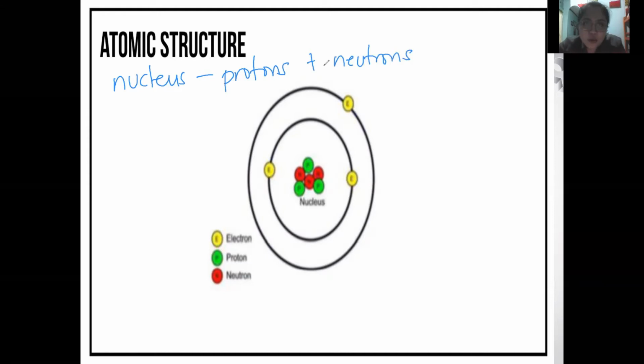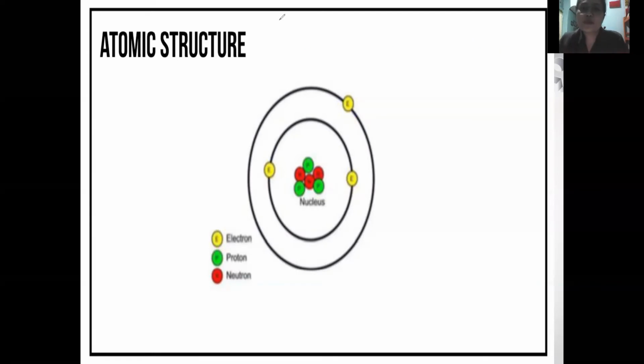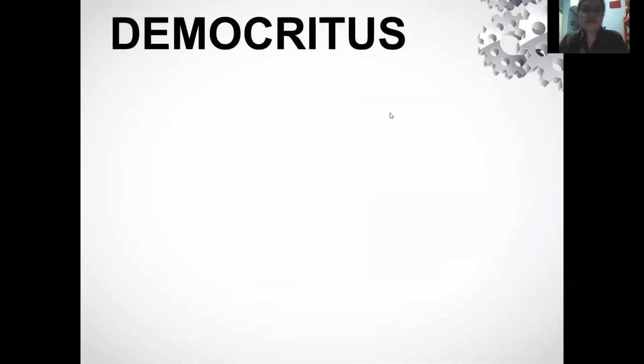Pag pinaghalo mo ito silang dalawa, ang tawag sa kanila, nucleons. And then outside the nucleus, you will see in the orbitals your electrons. Yung mga negatively charged natin na subatomic particles.